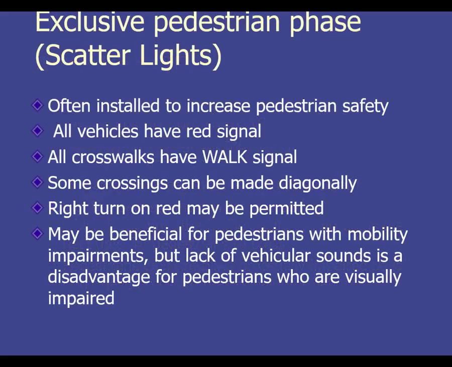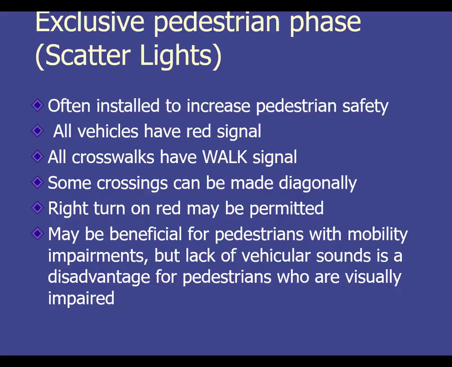Now, there's something else that we have to consider, and that's called exclusive pedestrian phase. I call it in the manual scatter lights. That's when everybody can cross at the same time. Sometimes it's installed for pedestrian safety. All vehicles have a red signal. All the crosswalks have the walk signal at the same time.